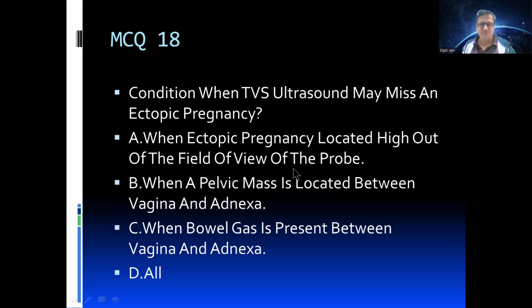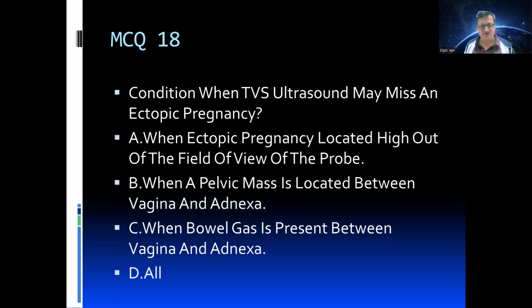Condition when the TVS ultrasound may miss an ectopic pregnancy. When the ectopic pregnancy is located high out of the field of view of the probe, when a pelvic mass is located between the vagina and adnexa, when bowel gas is present between the vagina and adnexa, or all. So all the conditions are associated with when the TVS may miss an ectopic pregnancy.